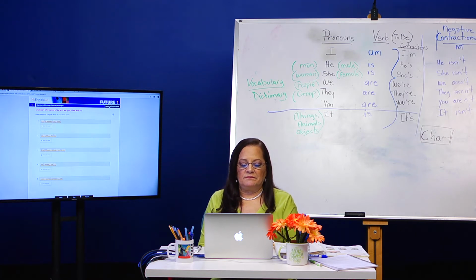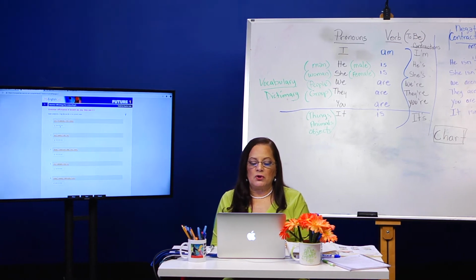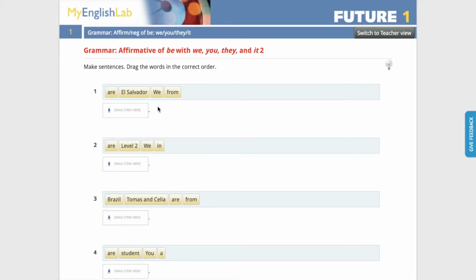Okay, there we go. All right, so the first word would be the pronoun. So let's carry that over. We, right? That's the first word. The second word, and we looked at it, is the verb. So we are.